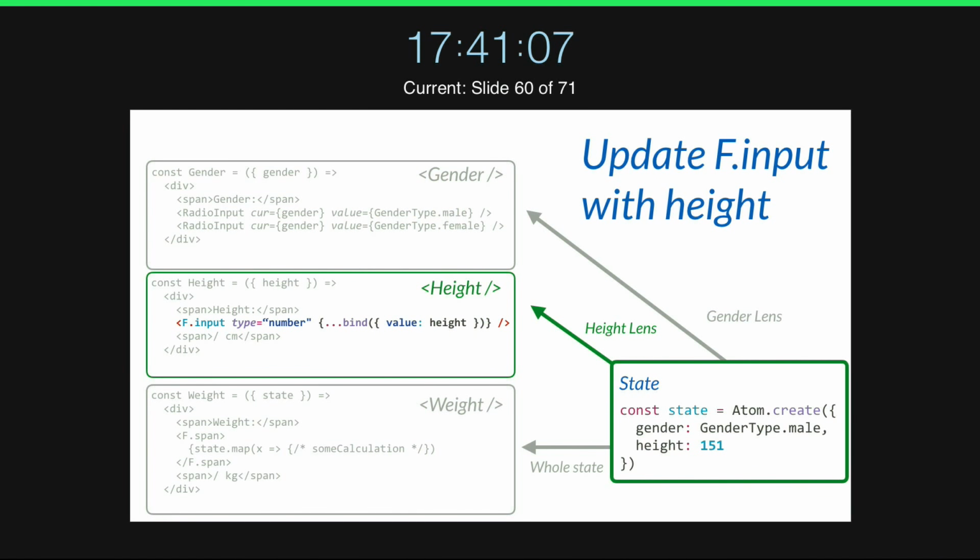If you use MobX, we will use observer and we will render the whole component. But now in Focal, we will not render the whole component. We render only the F input, so only the React element, but not the whole or part of the React tree. And the same for weight. We have changed all state, so we will render only one input.